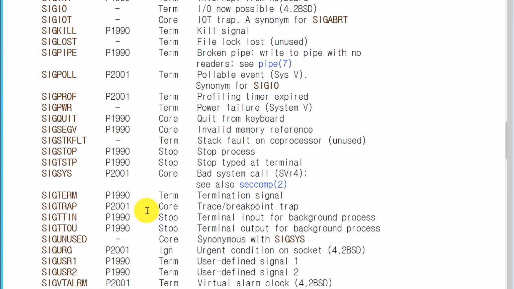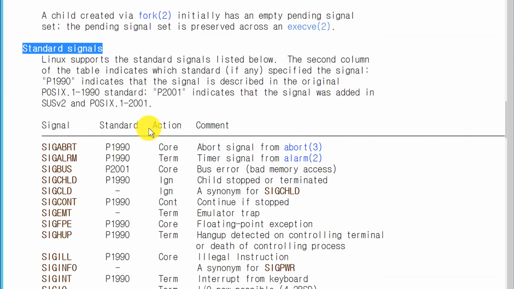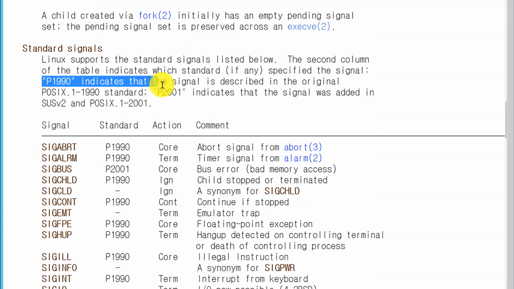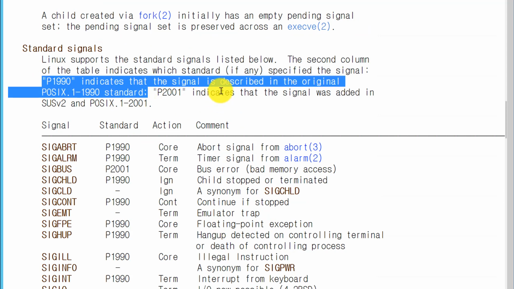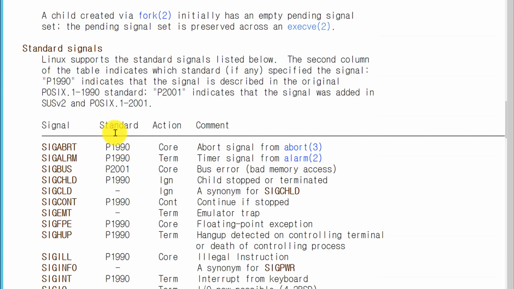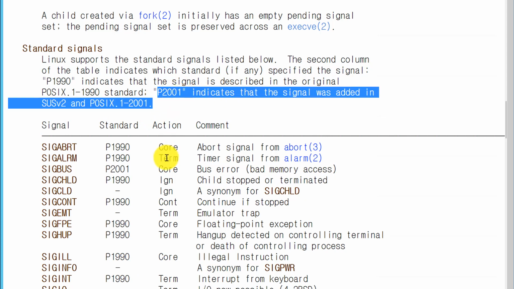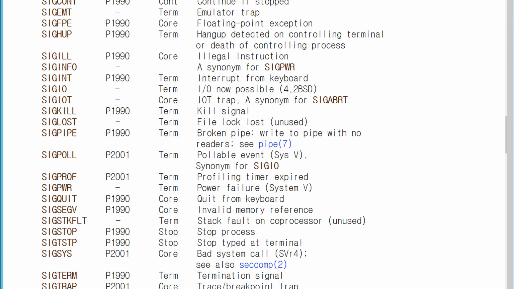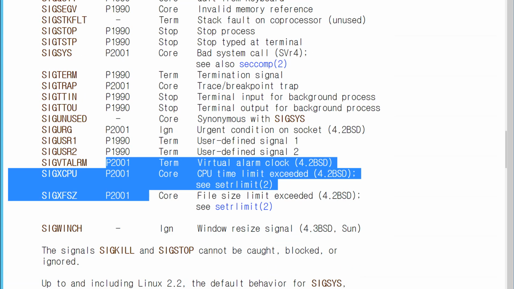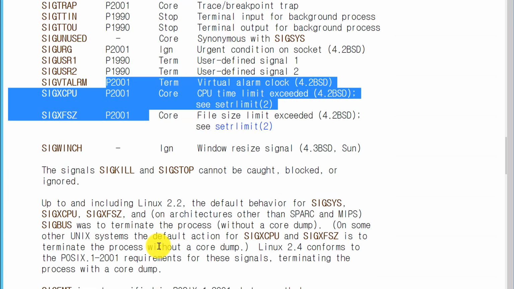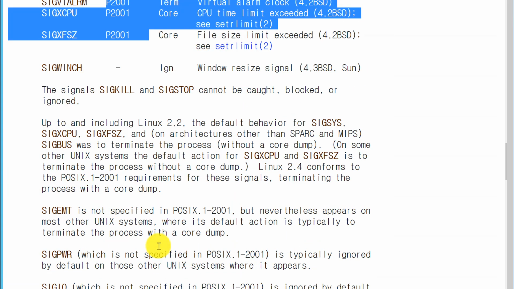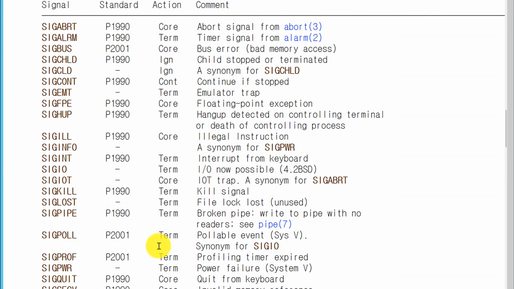The second column of the table indicates which standard specified the signal. P1990 indicates that the signal is described in the original POSIX.1-1990 standard. P2001 indicates that the signal was added in SUSv2 and POSIX.1-2001.